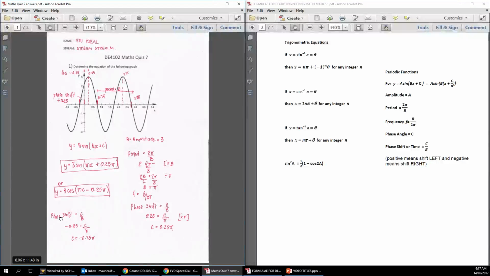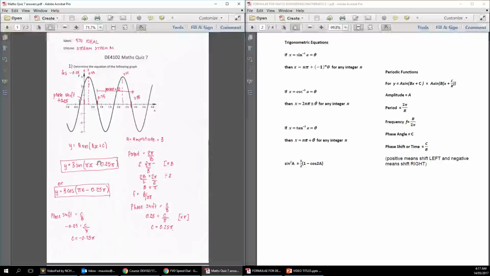So for the phase shift c over b, negative 0.25 equals c over pi. Multiply both sides by pi, as I showed here, and we get c equals negative 0.25 pi. So that's our equation there.